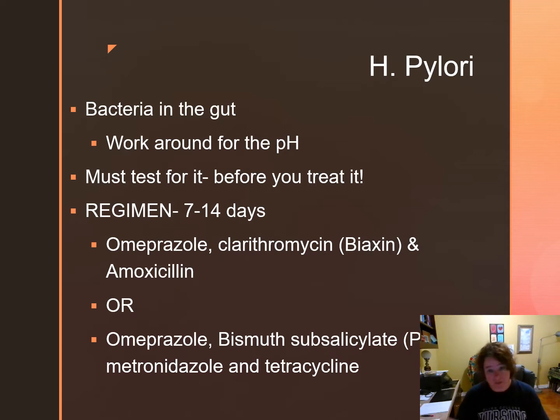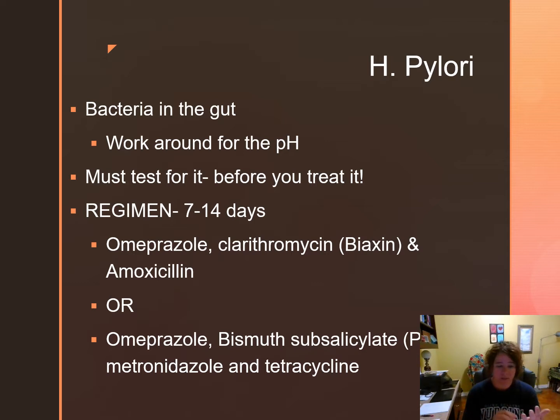So scientists developed a test. And the test is for H. pylori, Helicobacter pylori. What they found is that this bacteria is pretty complicated and it doesn't want to leave. So you have to have a test for it before you treat it. So it's the H. pylori test. They get it done. Then after that, you're prescribed a regimen of medications for 7 to 14 days.